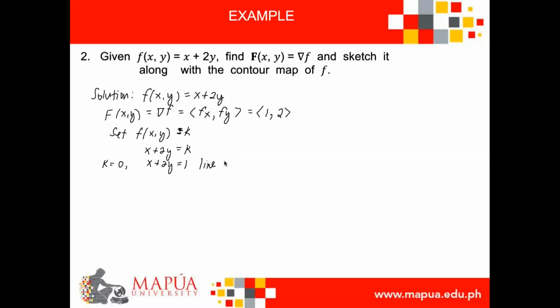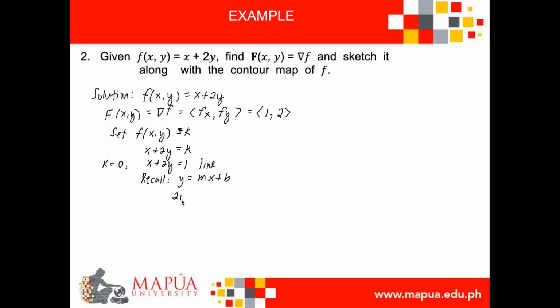And defining now the slope of a line, let us recall the equation of a line: y equals mx plus b. So here, in our first equation of a line, we have x plus 2y equals 1.